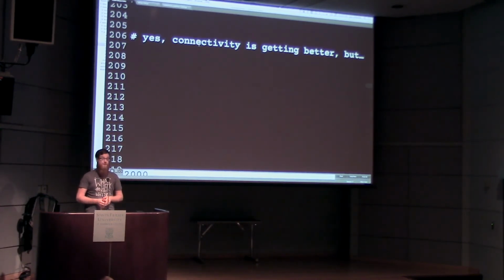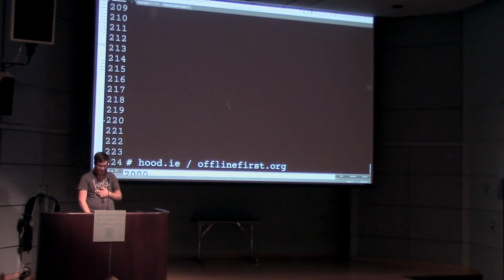So yes, connectivity is getting better, but it's going to take a very long time until we get there. Until then, we should make everybody's lives a little bit better by building and designing better apps for mobiles, for desktops, for portables like these. That's about my time.